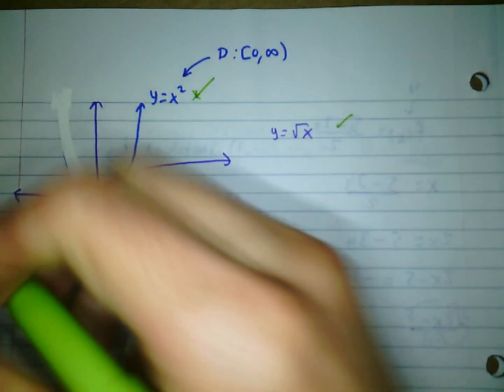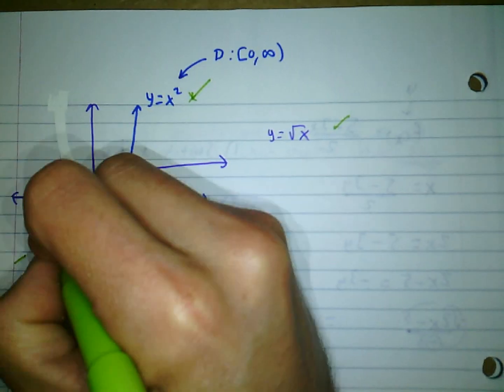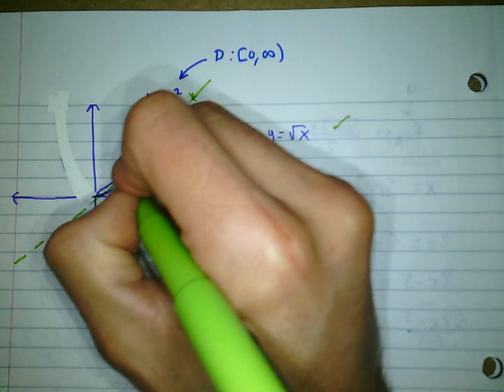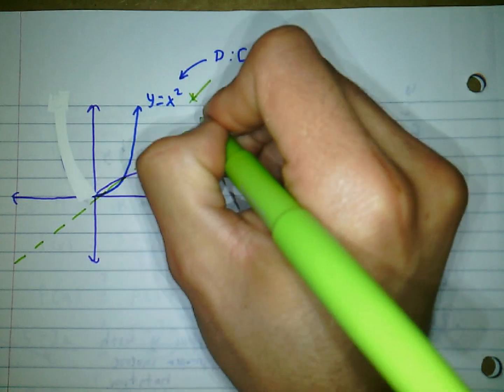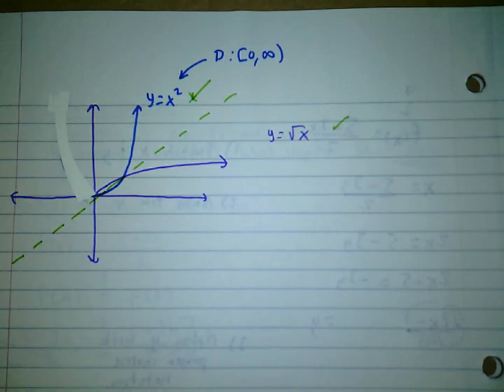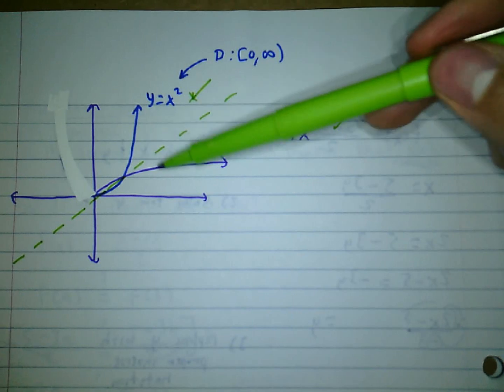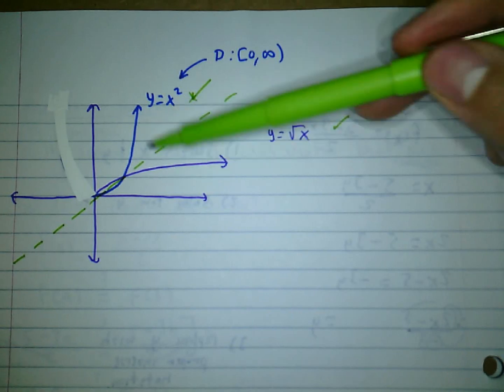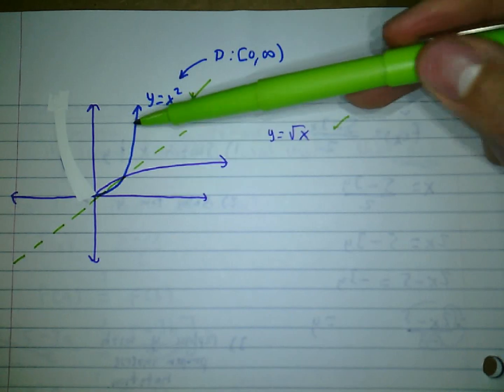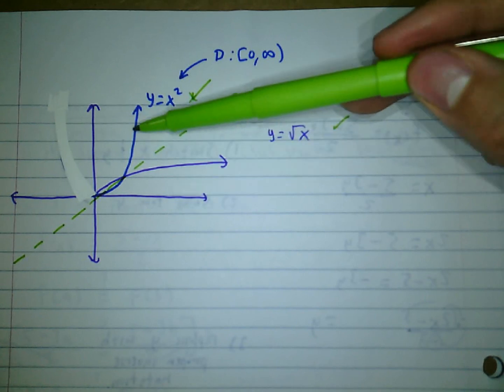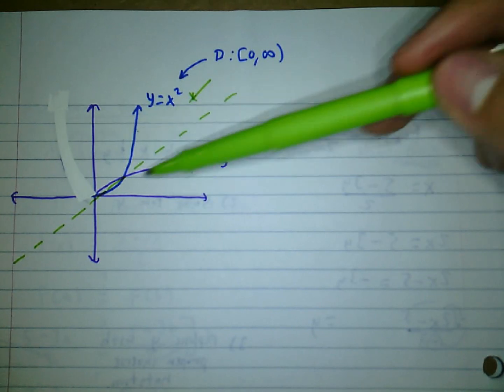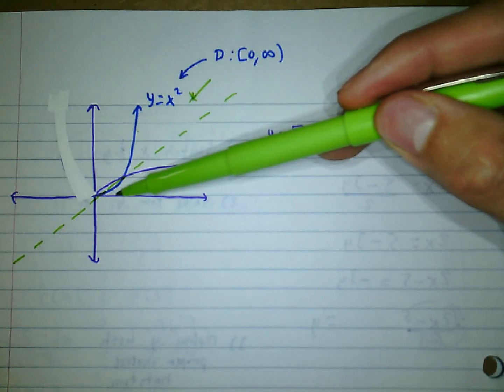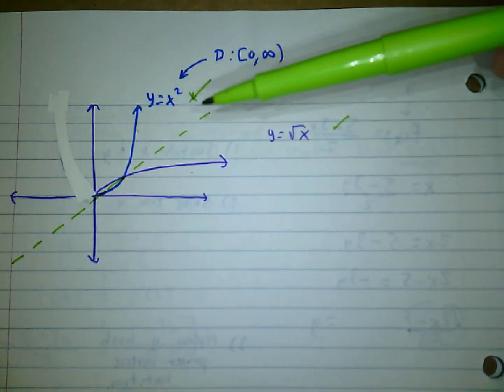If I were to draw a line here, so I'm going to use a dotted line instead. And again, keep in mind, I did not draw this to scale. But if I did, do you notice how both sides of this line, if you were to fold along that line, this part of the graph would match with this one, and this would match with that one. Again, if I had drawn it perfectly, then they would.